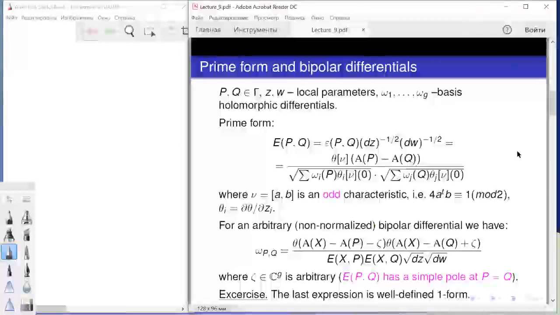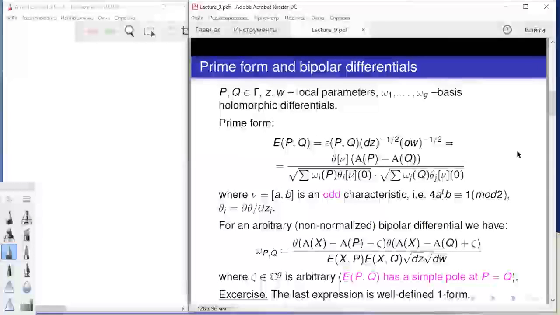What is what here? Theta of nu is a theta function with characteristic nu, where nu is an odd characteristic, which means that the scalar product of its components, A and B, multiplied by 4, is equal to 1 modulo 2.